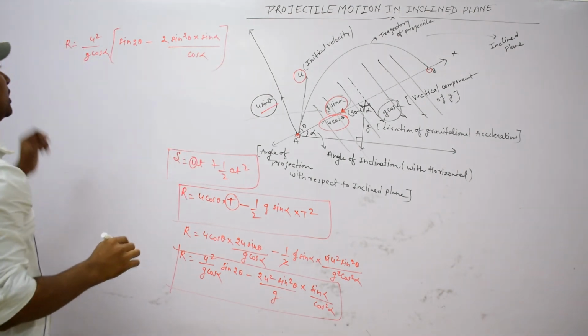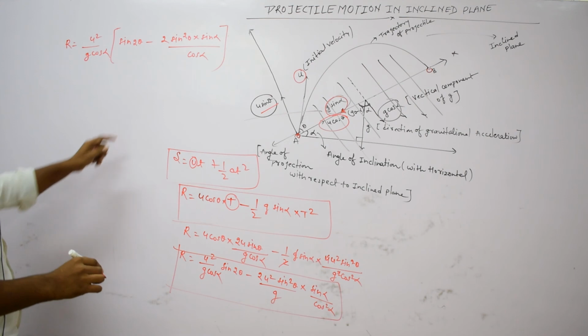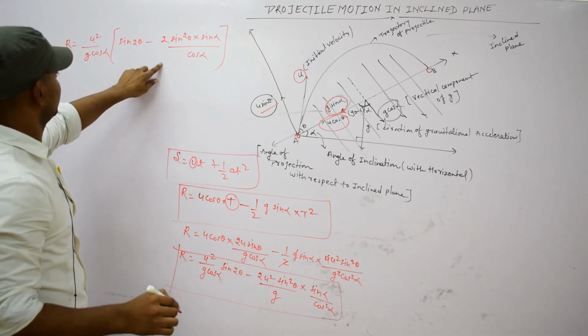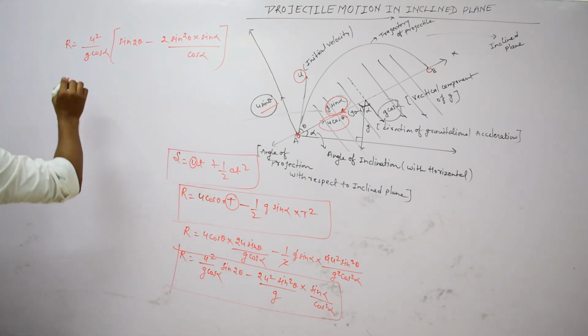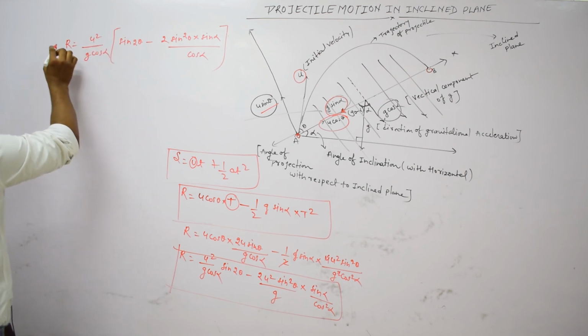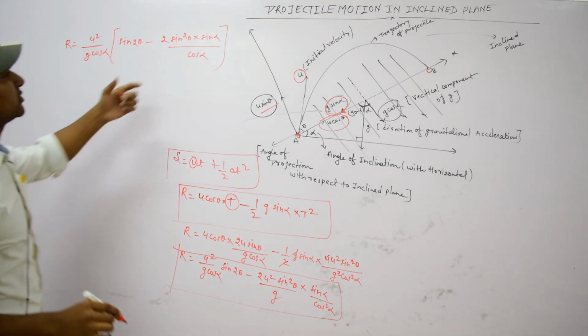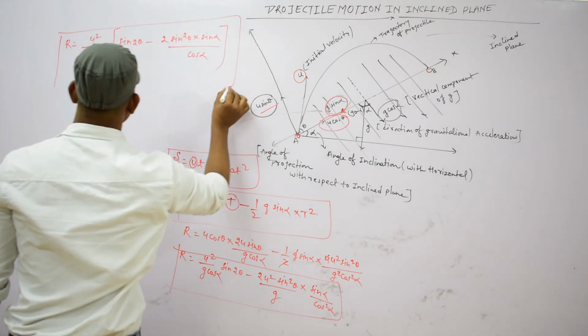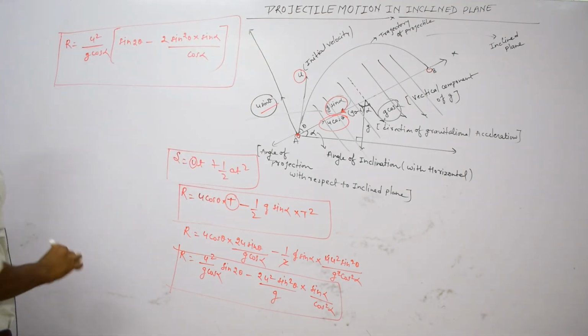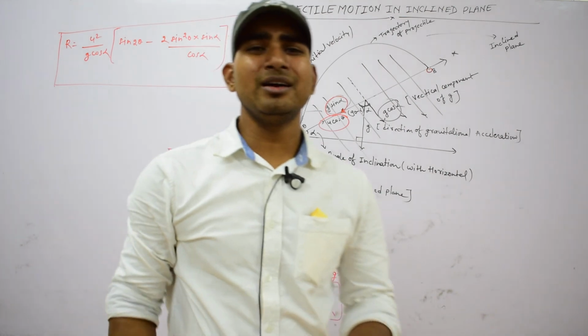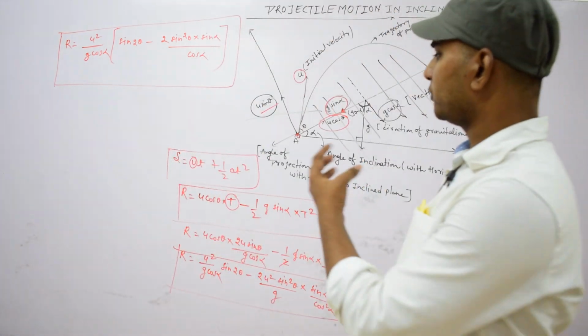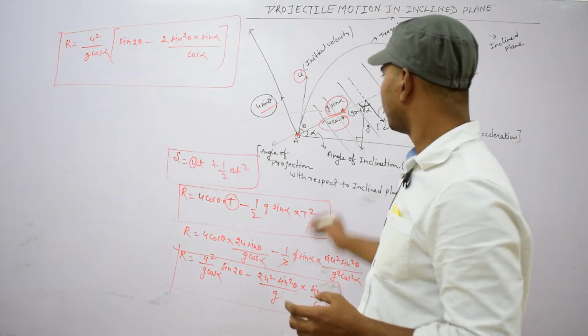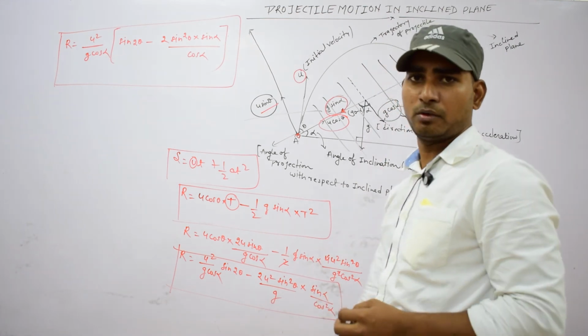This you will get. If we need it, we can solve further also, otherwise this is sufficient. This is the equation of the range for this projectile motion, which is on the inclined plane.